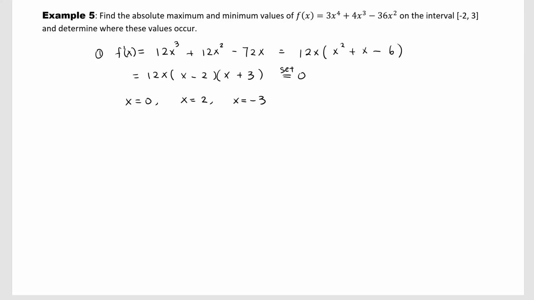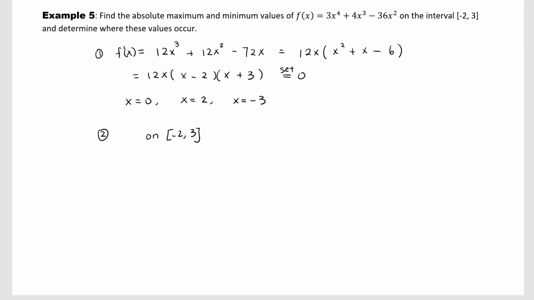Okay, everybody? So these are our critical points. And then let's look at our interval. Which values are in the interval from -2 to 3?